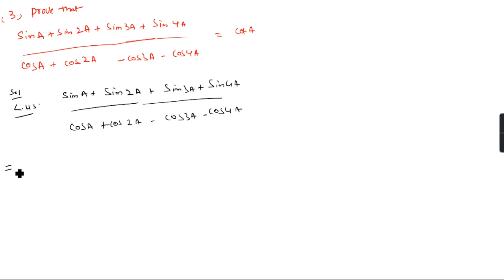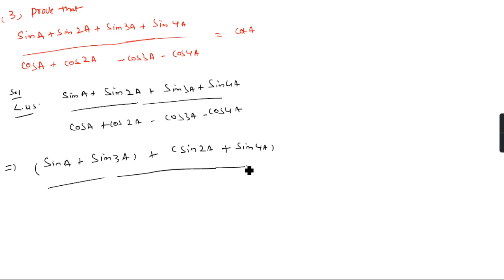So first it can be written in order, that is (sin A + sin 3A) + (sin 2A + sin 4A), by (cos A - cos 3A) + (cos 2A - cos 4A).